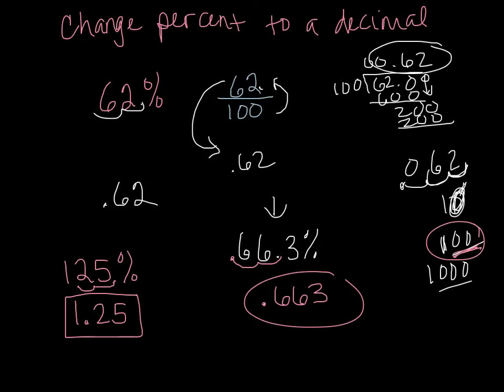That's easy, right? 2 spots and 2 spots only because we're dividing by 100. So changing a percent to a decimal, move it 2 spots and 2 spots only. 62% is 0.62. 66.3% is 0.663. 125% is 1.25. That's it. Change a percent to a decimal.